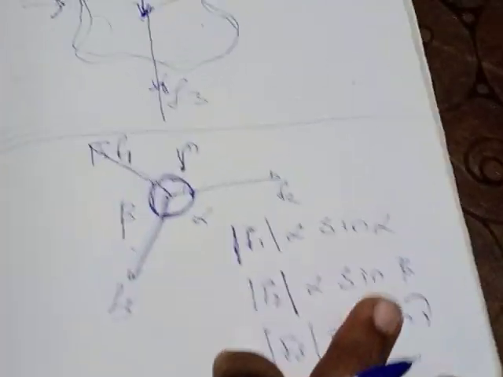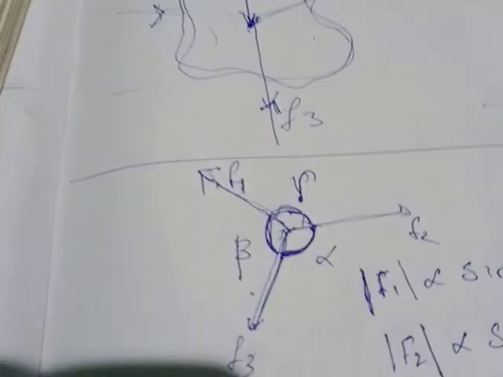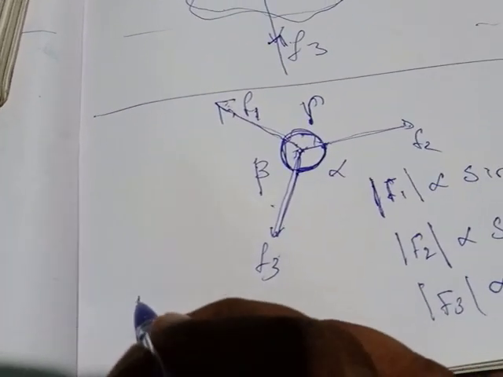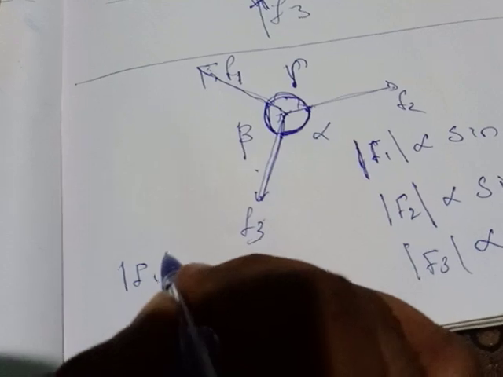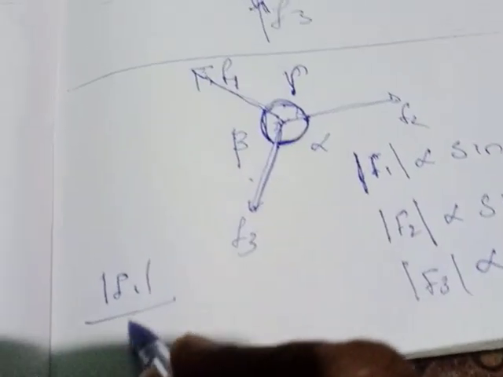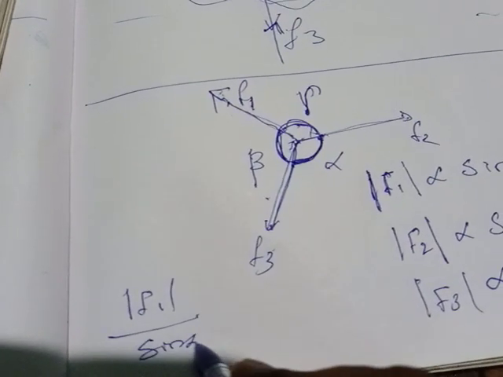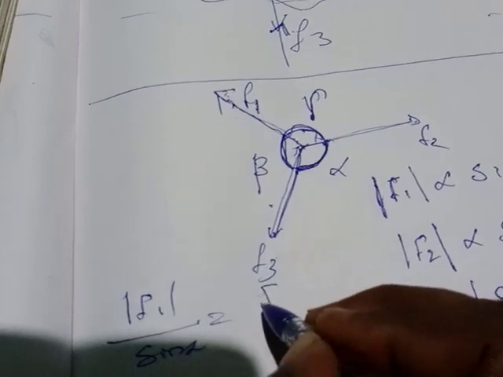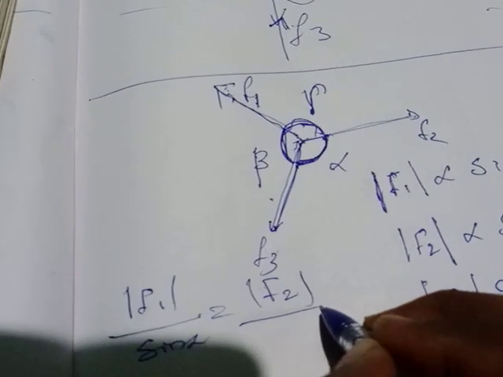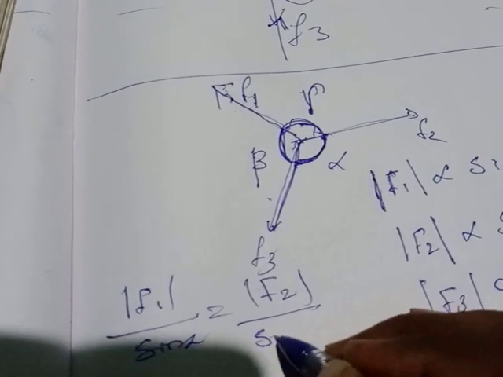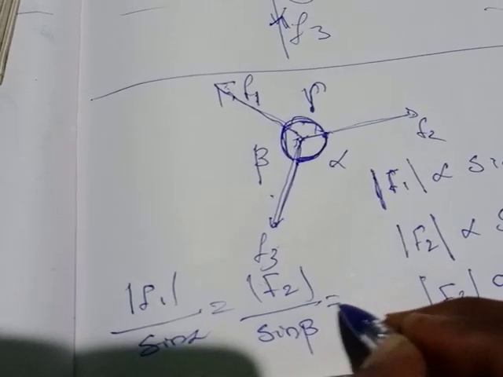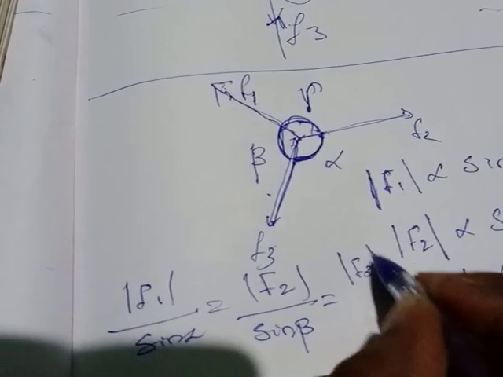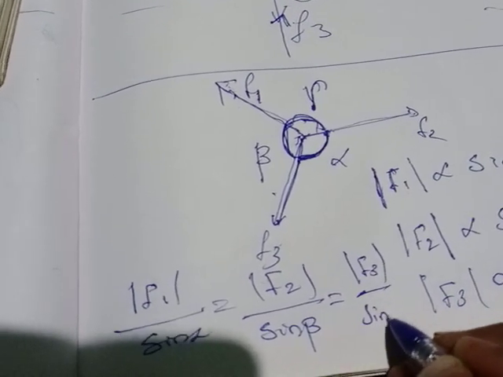So the same equation you can write: F1 divided by sine alpha equals magnitude of F2 divided by sine beta equals magnitude of F3 divided by sine gamma.